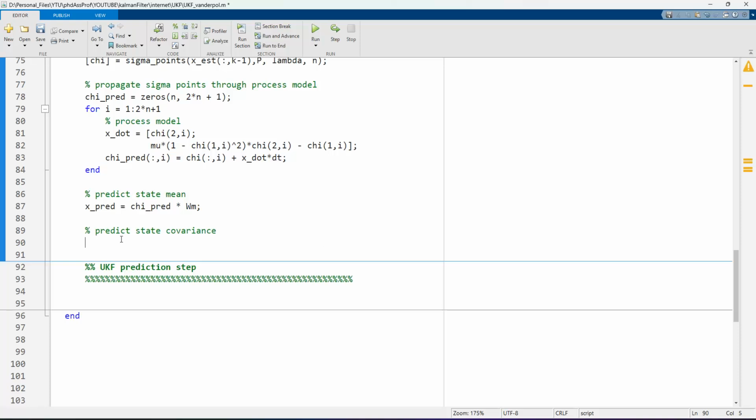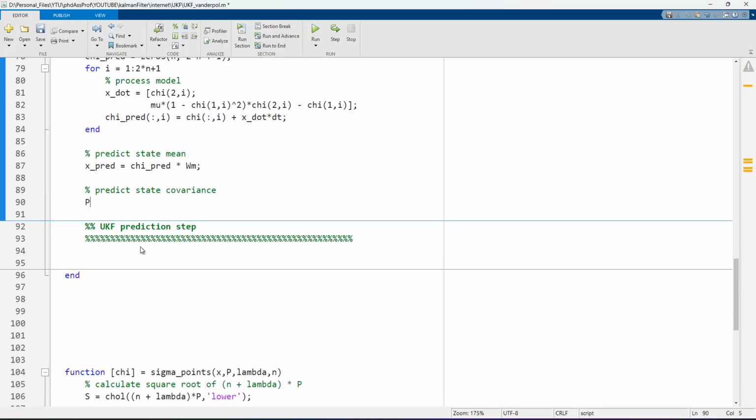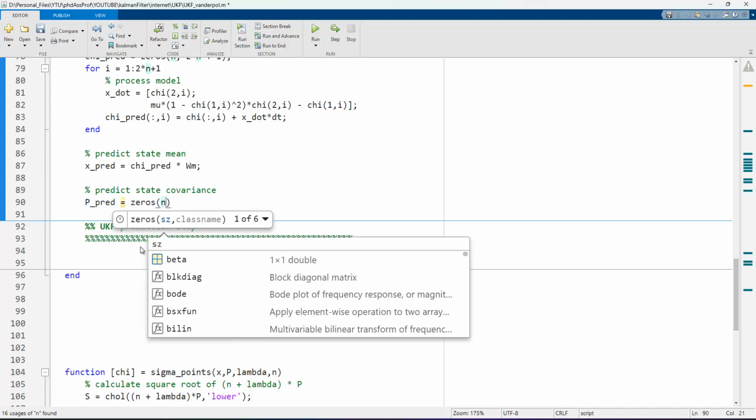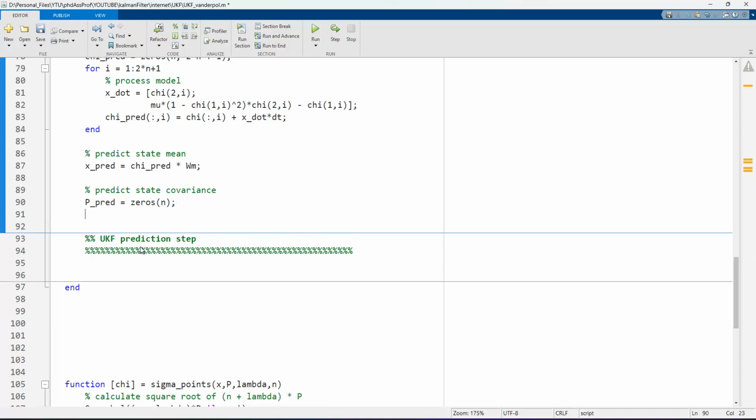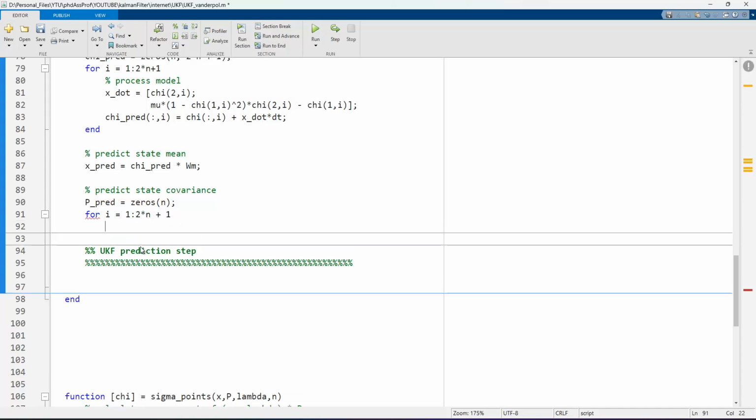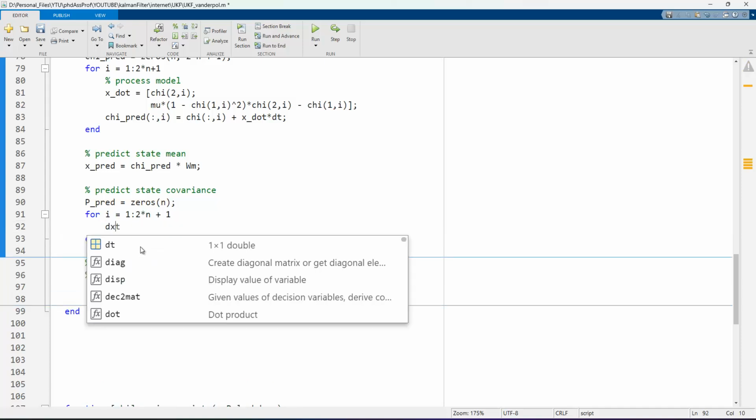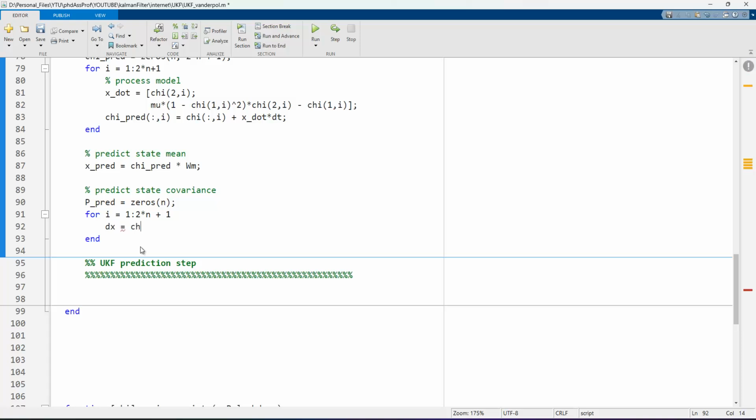For example, in this case, the P pred is equal to the zeros n, set 2 times 2 matrices, and so for i is equal to 1 to 2 times n plus 1, dx is equal to the what? The chi pred i minus x pred.